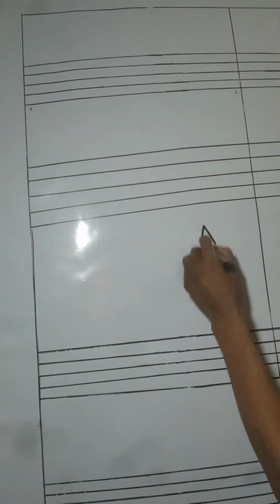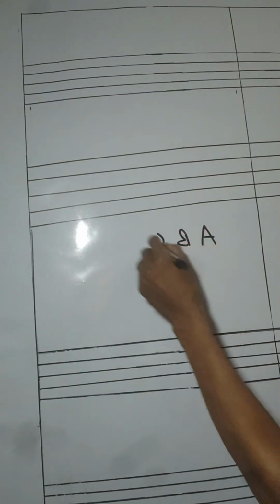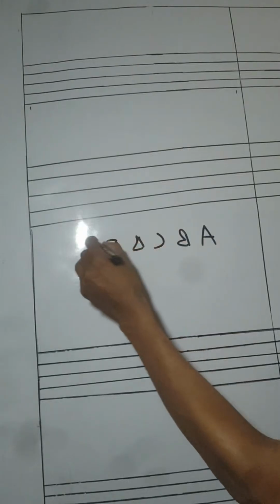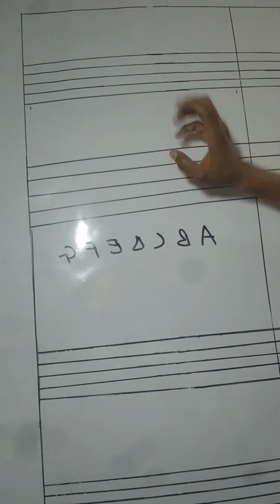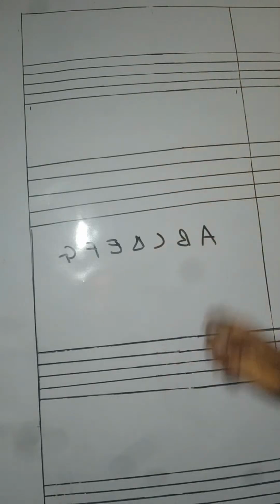Yesterday, we were able to establish that musical sounds are derived from the first 7 letters of the English alphabet, which are A, B, C, D, E, F, and G. We also established that these sounds are written upon what is called the staff, and that the staff comprises 5 lines and 4 spaces.